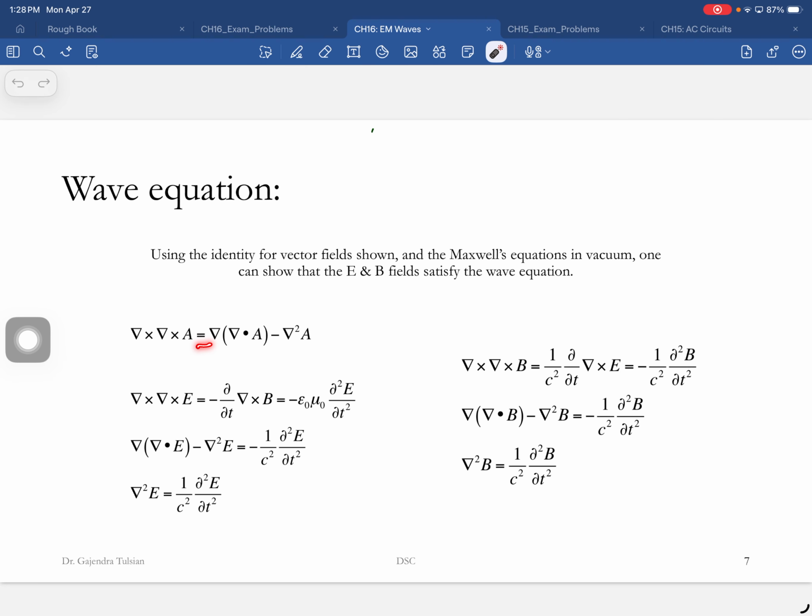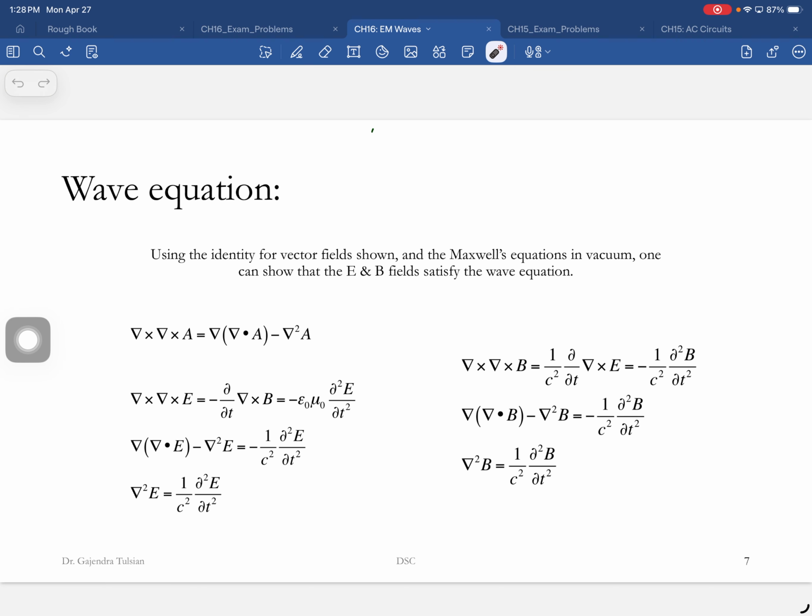And del square A is just, this operator is the following operator, and you're taking it on that vector. Let me write it like so: Ax i plus Ay j plus Az k.